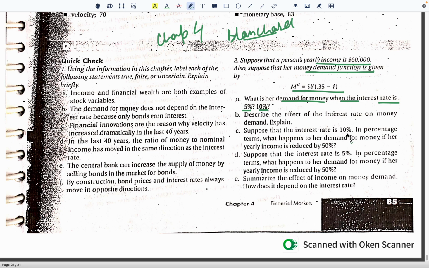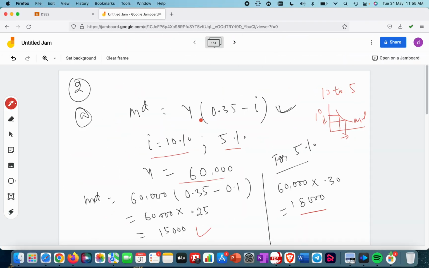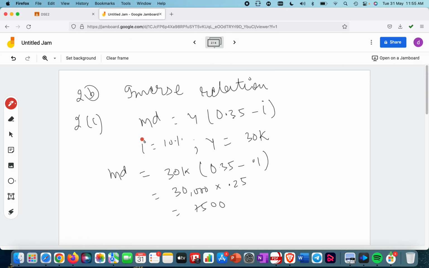Suppose that the interest rate is 10%. In percentage term, what happens to her demand for money if her yearly income is reduced to 30,000? That again you can calculate. I have done it here. Now yearly income is reduced from 60k to 30k.